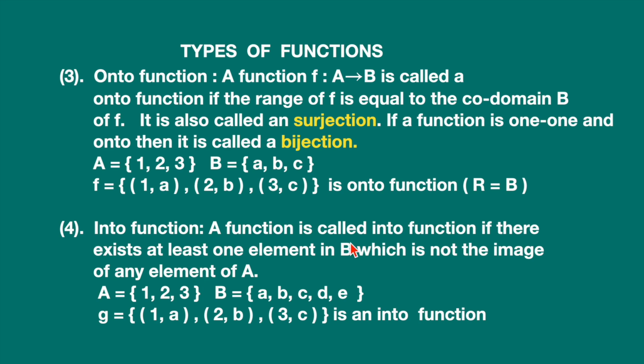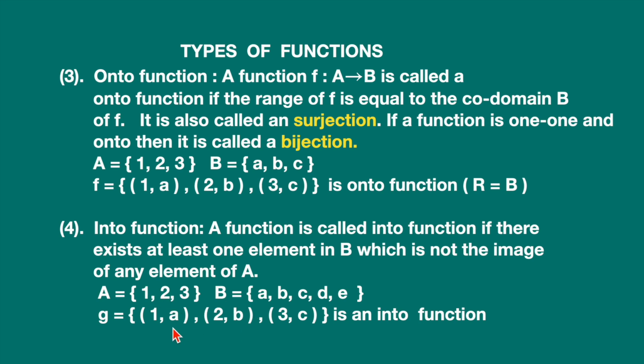Into function. A function is called an into function if there exists at least one element in B which is not the image of any element of A. So for example, this is A and this is B. Here the ordered pairs are (1, a), (2, b), (3, c), and there are 2 more elements d and e which do not have any pre-image in A. Therefore, this is an into function.